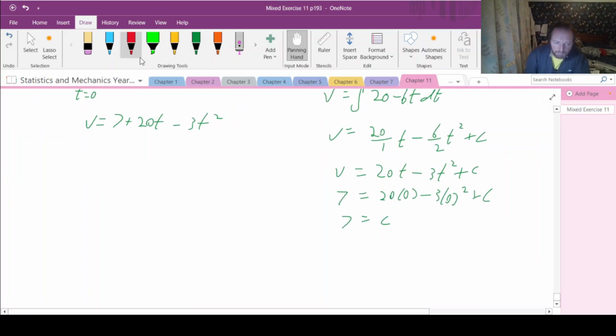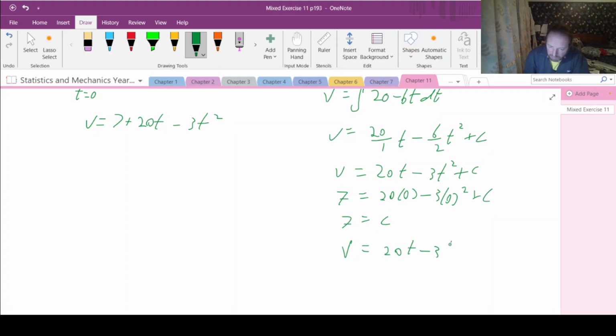Substituting it all in, velocity equals 20t minus 3t squared plus 7, which is the same as up there except written in a different order. Good.